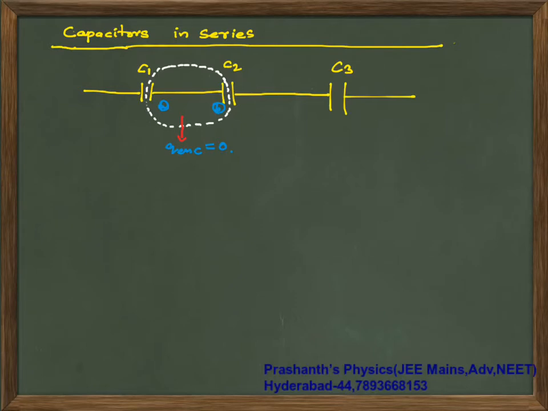Similarly, if you take a loop here also, you will have your Q enclosed equal to 0 even here.